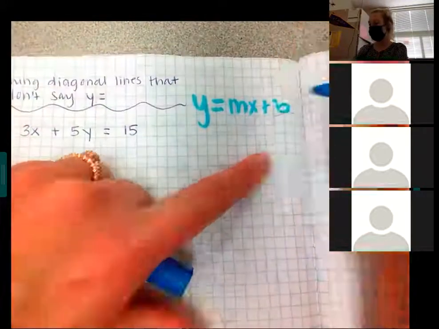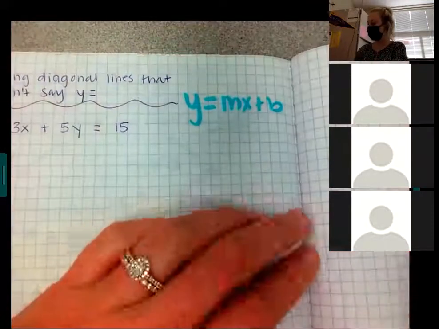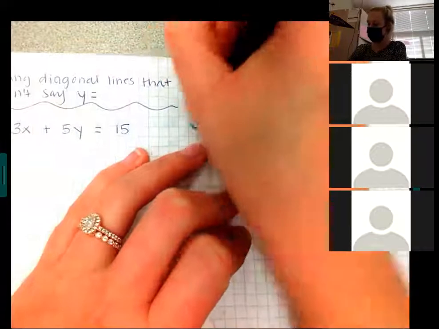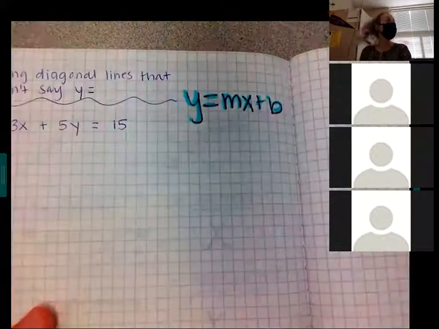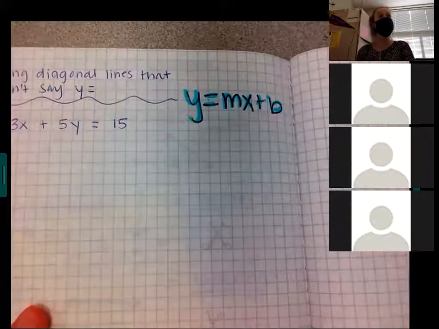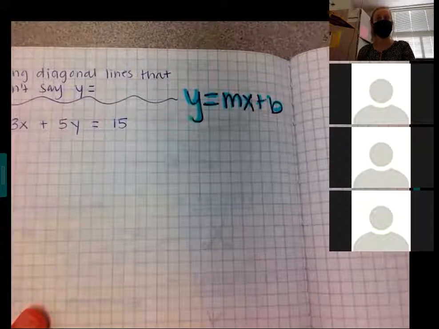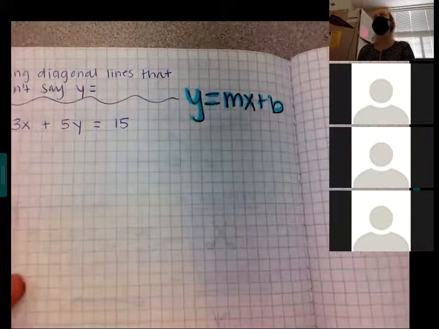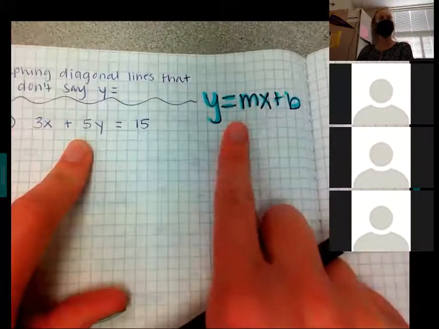I just wrote it real big. If it doesn't look like that, you cannot graph it. So what do you think we could do to this example to make it look like this?